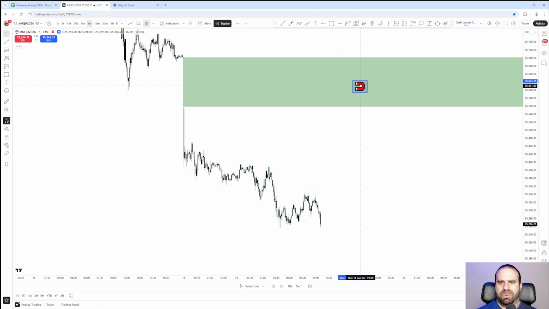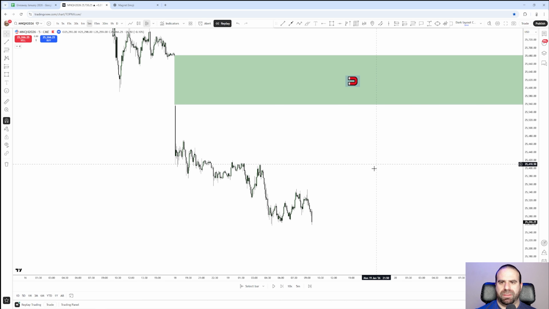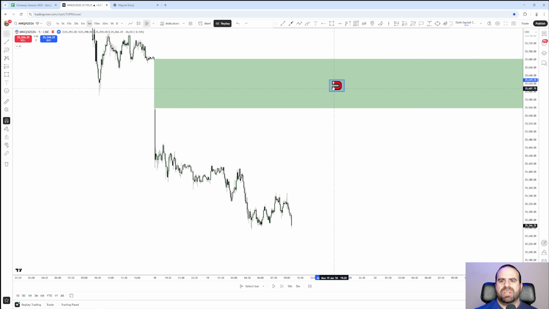And here I have a beautiful magnet as I had it this whole week. This will act as a magnet. Of course, we had the exact areas down here from the past. This doesn't matter though. And your bias is bullish.